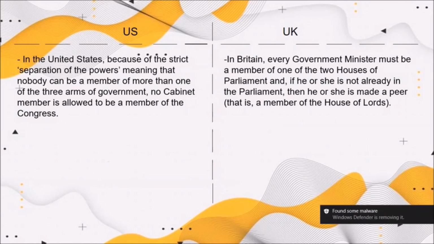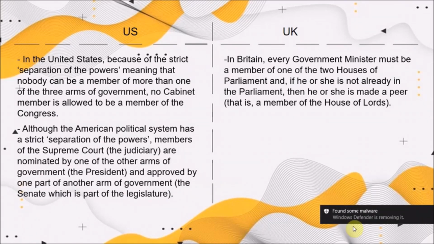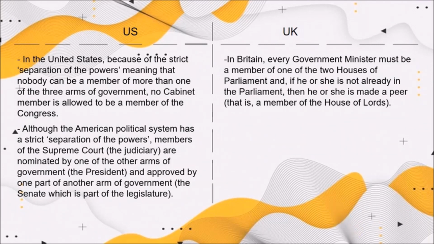And the last but not least, although the American political system has a strict separation of powers, members of the Supreme Court, meaning the judiciary, are nominated by one of the other arms of government, the president, and approved by one part of another arm of government, which means the Senate, which is part of the legislature.